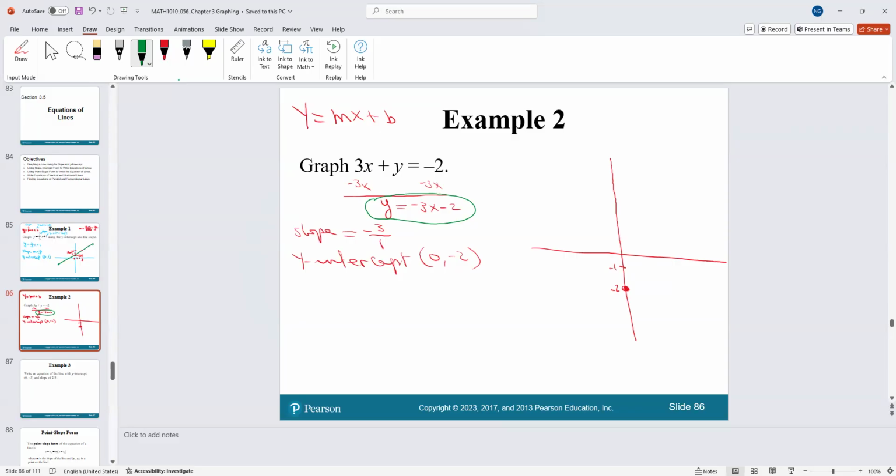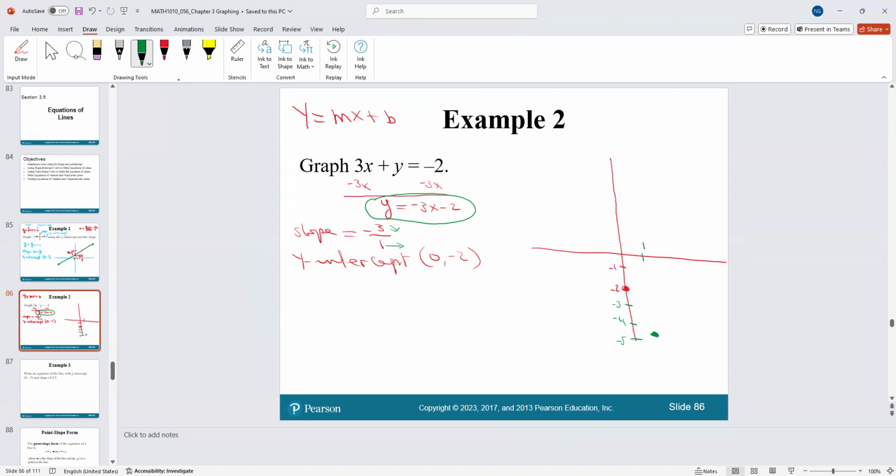Let's go down for 1, 2, and 3. That means -3, -4, and -5. Now, if we go 3 down, we're going to go 1 to the right. So if we go 1 to the right, this is the second point right there.